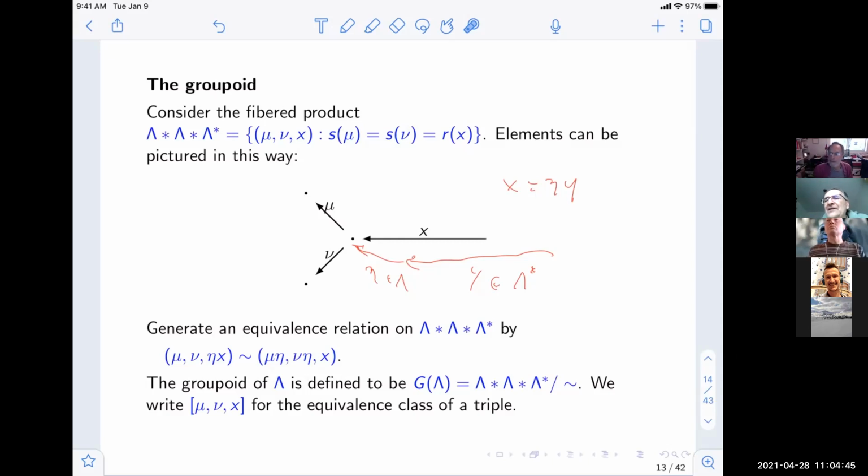Anyway, removing row finite turned out to be very, very simple, and I'm wondering why we didn't notice it earlier, because it was one of the points of debate, I think, with Aidan Sims, who contacted us immediately after we put our paper on the archive, because they're also working in higher generality.